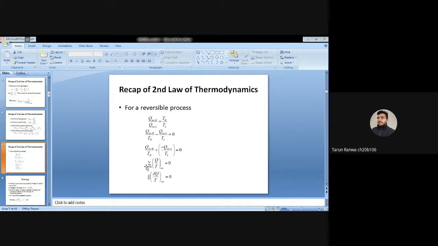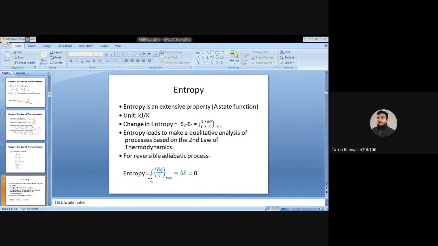So in a whole cycle, the integration of delta Q divided by T over the whole cycle equals 0.